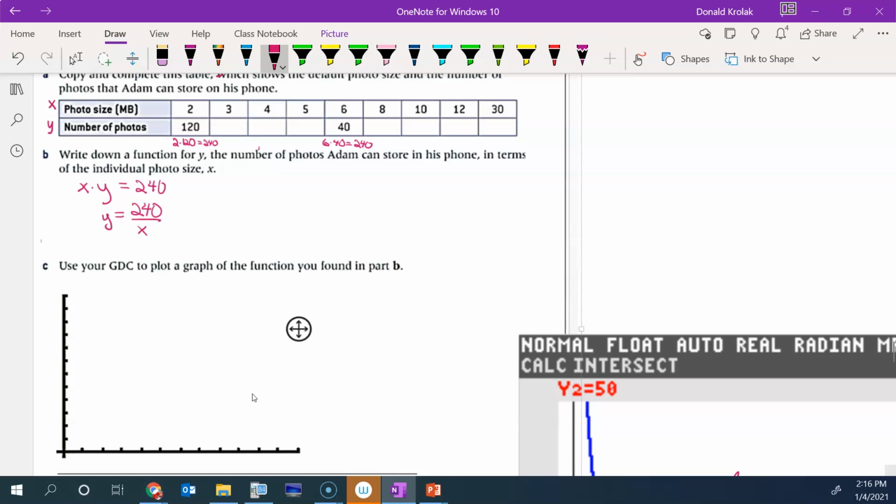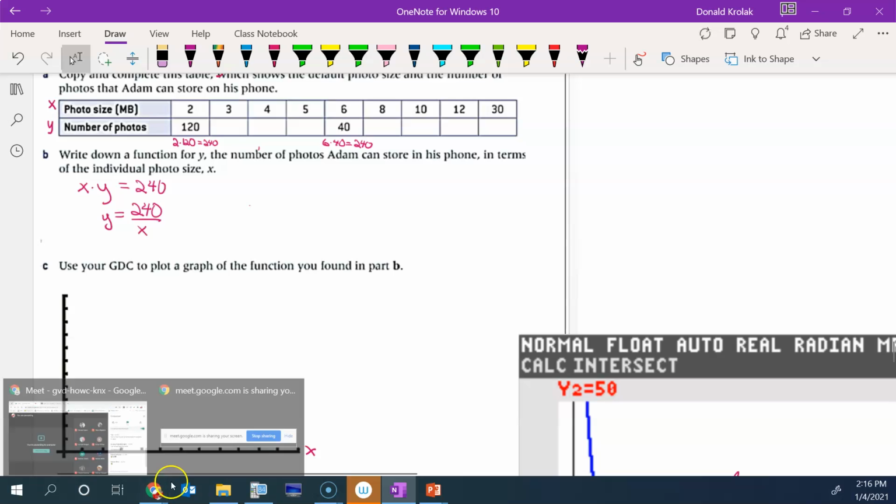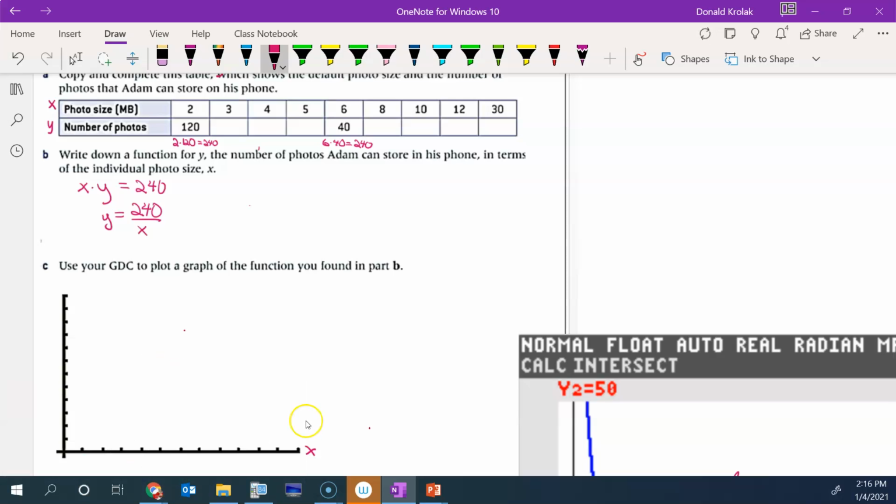Okay. Now, before you even graph, label your axes. Let's see. X was the size, so X is megabytes. Y is number of pictures. And you're going to type in Y1 = 240 over x.